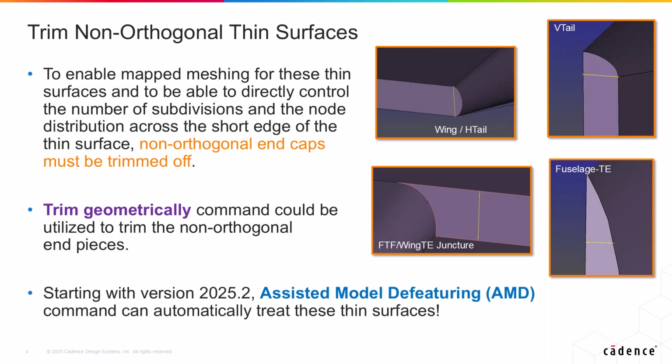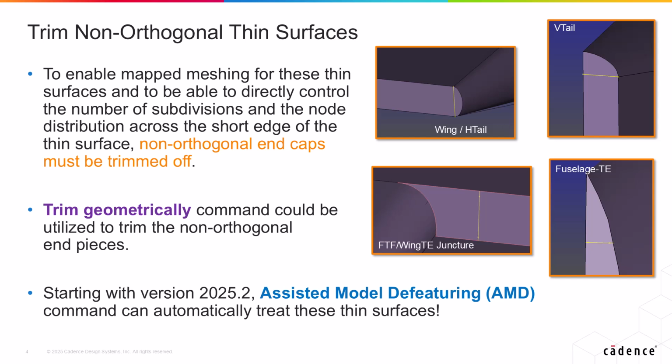But in order to enable mapped meshing, we must trim off the non-orthogonal end caps of these thin surfaces to basically make them orthogonal. Doing so will also allow us to have direct control over the number of cells and the distribution of the nodes across these thin surfaces.